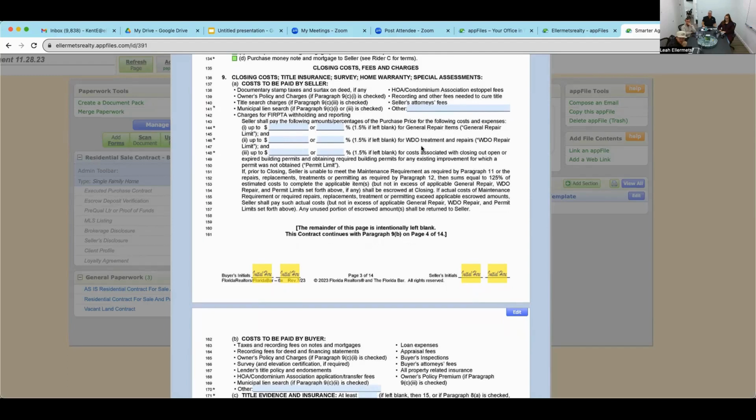Wood destroying organisms, WDO. A lot of people think that this is simply termites. No, this protects against mold, everything else that could be in a house. If somebody knows the house has termites and they've got trusses that are damaged, why wouldn't they just sign off on this thing? Even if they've had it treated and the termites are gone, the damage still remains.